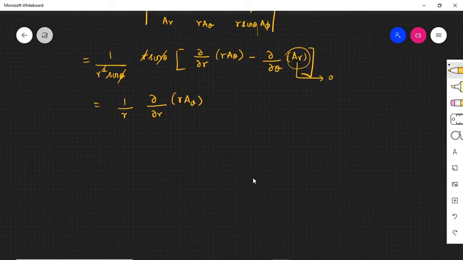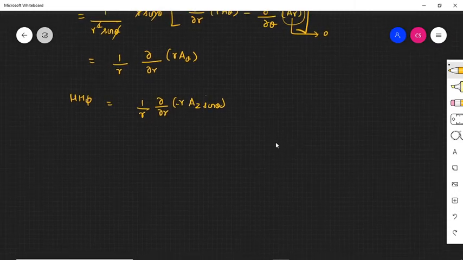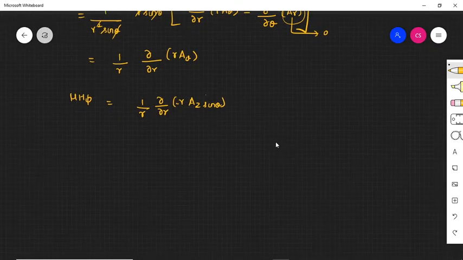So we are writing mu into H phi is equal to 1 by r dou by dou r of r into, the value of A theta is given as minus A_z into sine theta, taking the axis into consideration, where A_z is the component which is oriented along the z axis, and sine theta is because our waveform takes the sinusoidal wavefront.